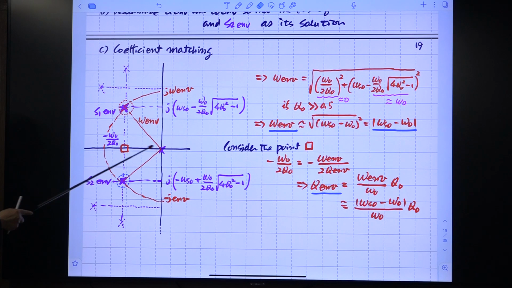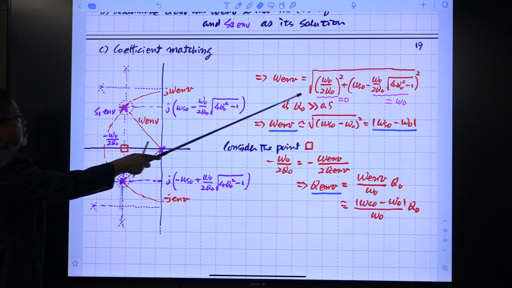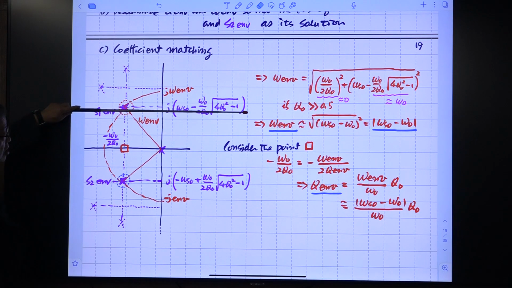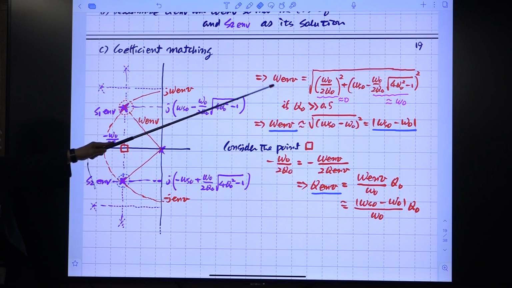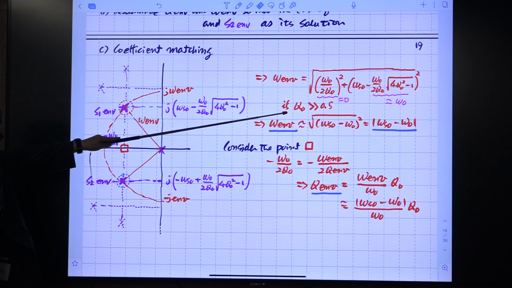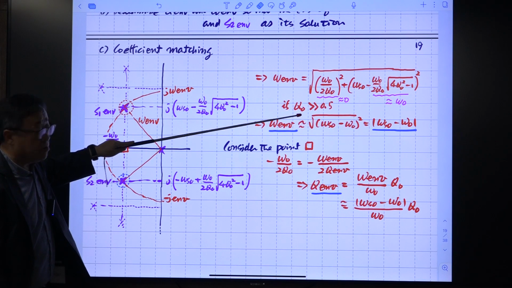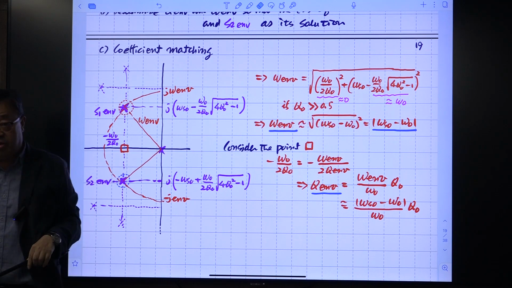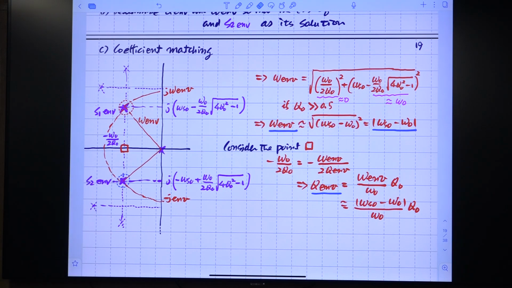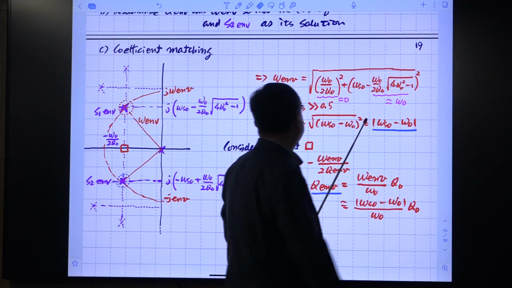It has this negative real part and imaginary part. The length of this is this one because we know the coordinate of this and the coordinate of this, and we evaluate this. Then Q naught, this is the resonant tank circuit. The Q of the resonant tank circuit is going to be very high. So Q naught is much larger than 0.5.